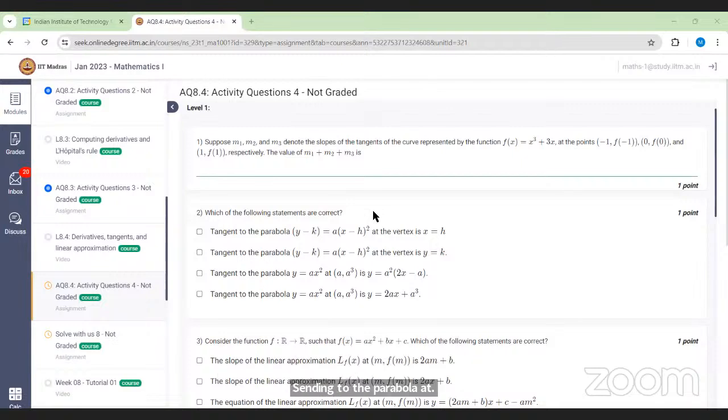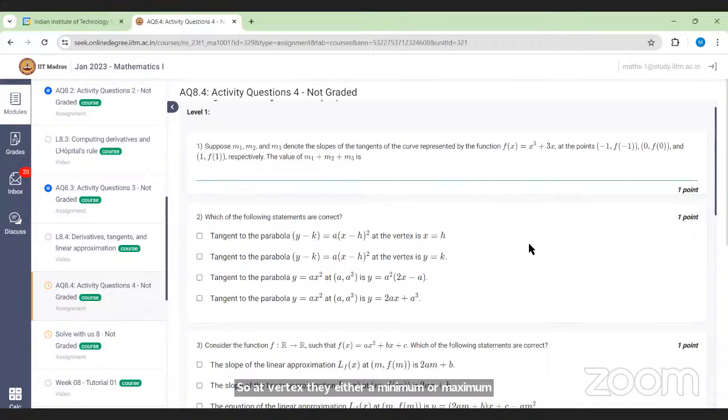See, these are parabolas, right? At the vertex, they either have a minimum value or a maximum value. So you have to observe which kind of parabola it is. If you are having trouble with this expression, just open it, differentiate it, and put in the value of the vertex. That will be much easier as compared to observing the graph of the parabola.